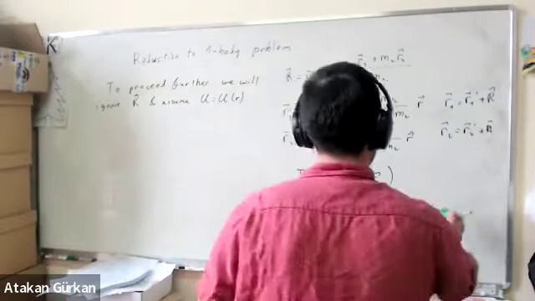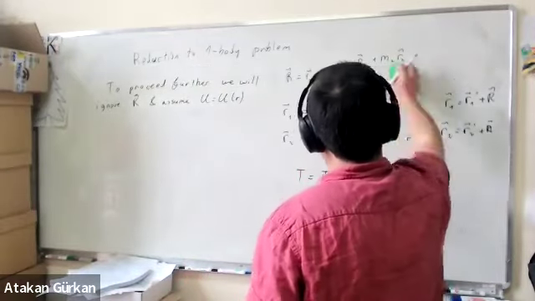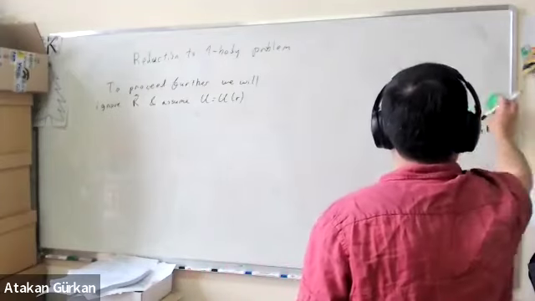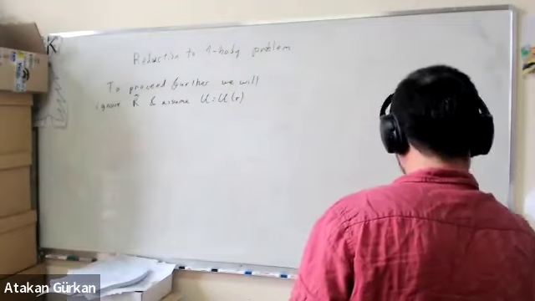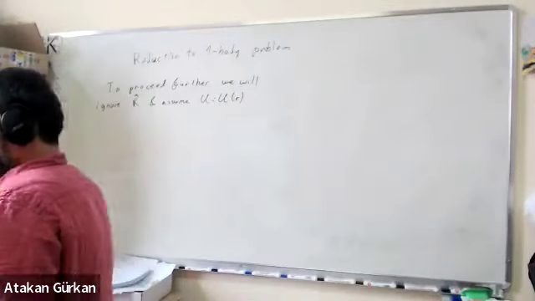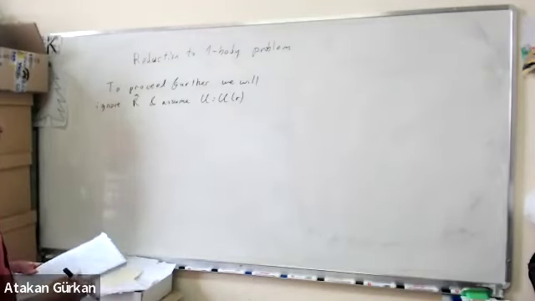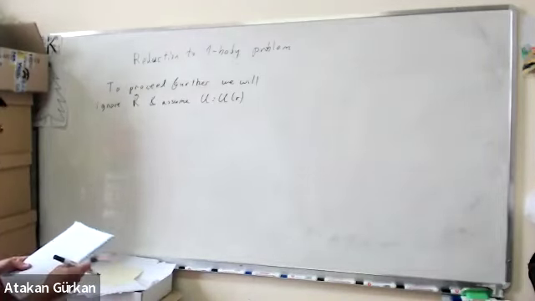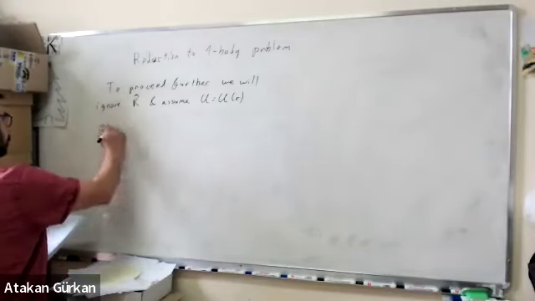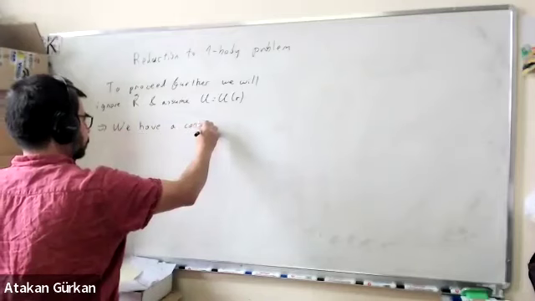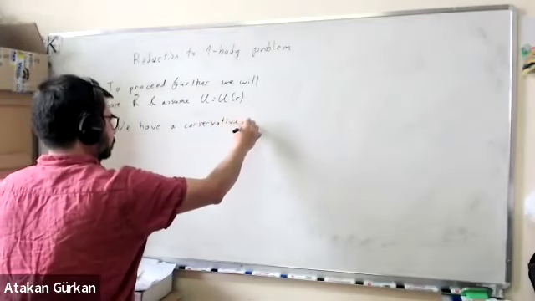I said it only depends on the magnitude of the relative position, and it doesn't depend on the higher powers. So it's going to be a conservative force then. We have a very simple relationship for the potential energy, for which we can take the derivative, and it's going to lead to some force. So we have a conservative central force.